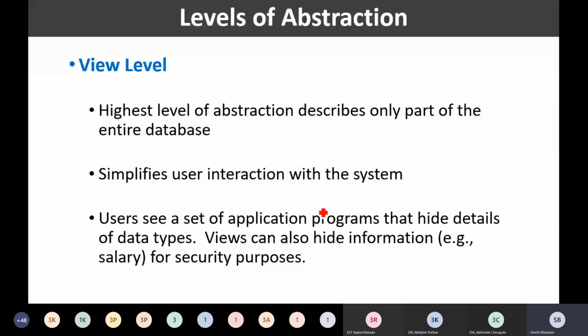It is possible for me to create a view level abstraction by hiding the salary information, so that person will not be able to see the salary. And sometimes this view level data abstraction is used for security purposes, to hide some information from a set of users.